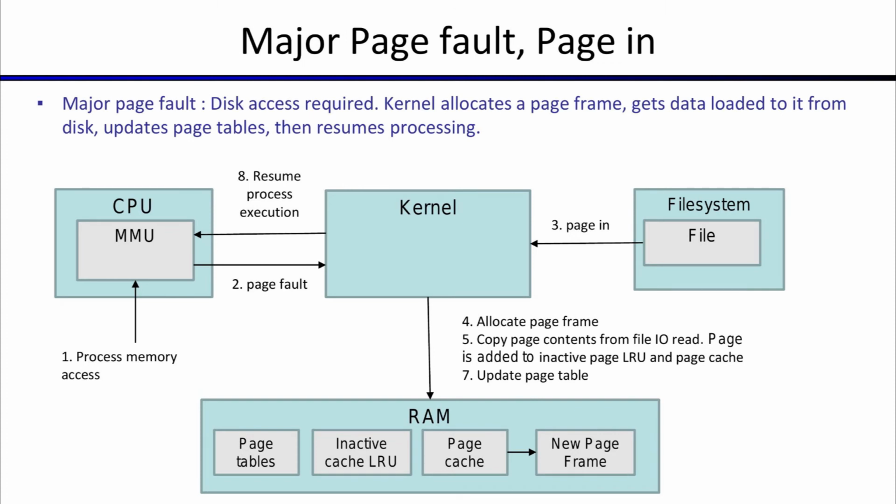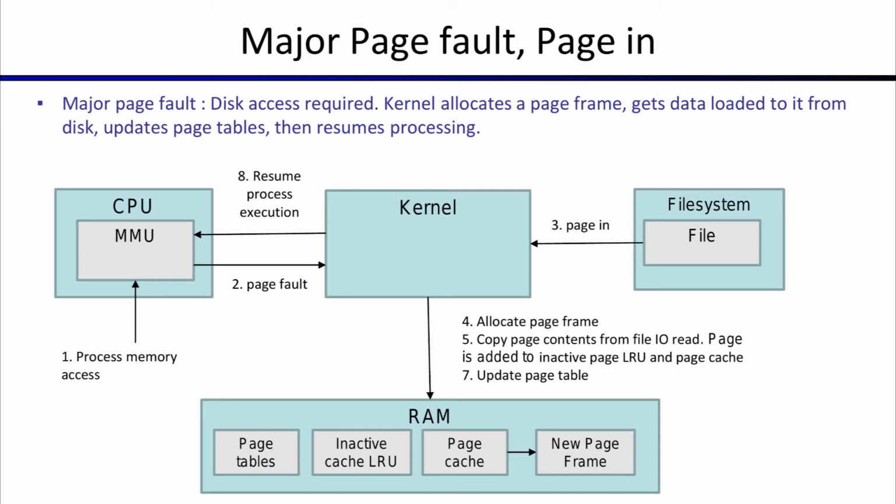Another scenario is where there is a major page fault, but the page is a file-backed page. So in this case, you will just get the page back in from the file system. And the kernel at this point will have a similar process. It'll allocate a page frame. It will copy the page contents from the file system into the page frame.